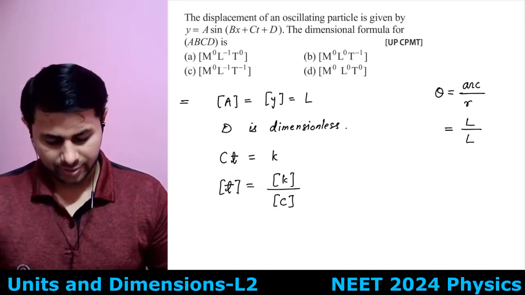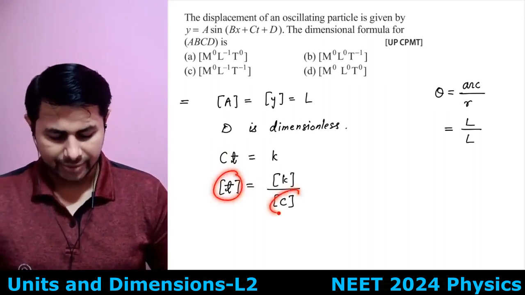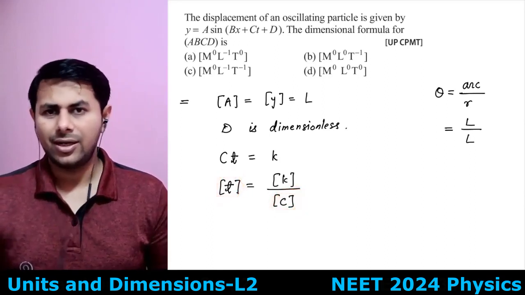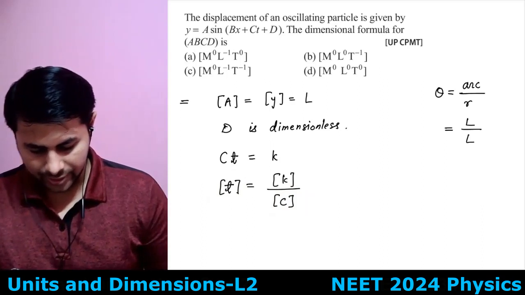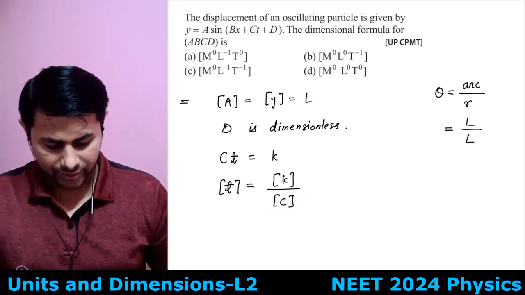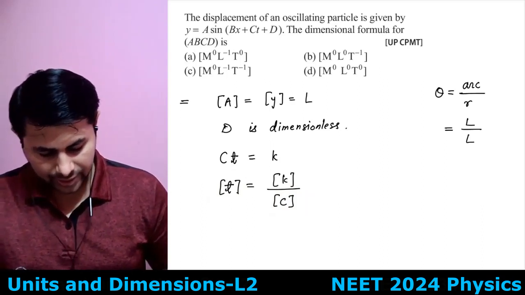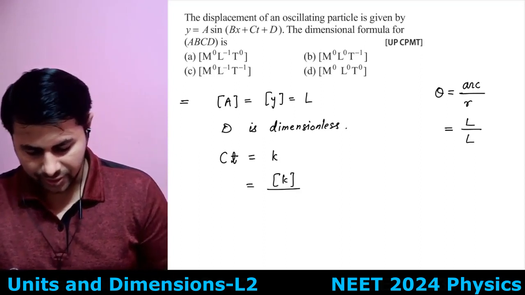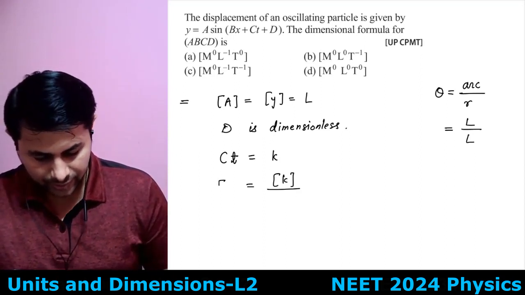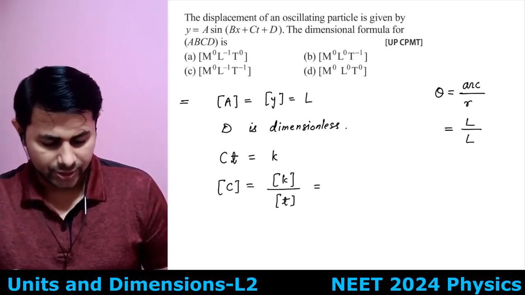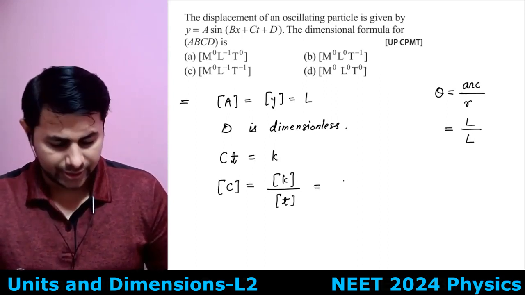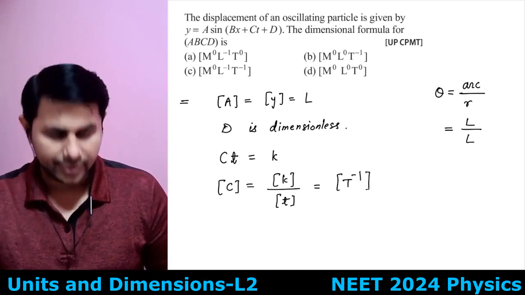Dimensions of t and c are opposite to each other. I want the dimensions of c, so c is equal to 1 by t. The dimensions of c are t raised to minus 1.